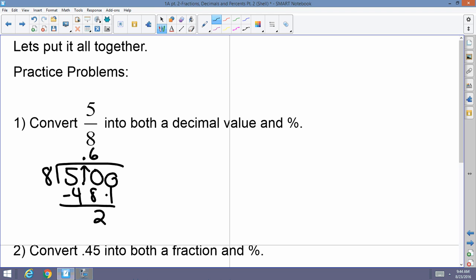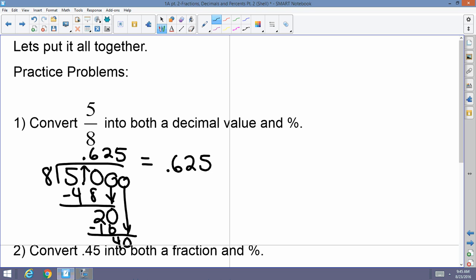Drop my 2, drop my 0. 8 goes into 20 2 times, which is 16. I got 4, drop my 0. 8 goes into 40 5 times. So 5/8 equals 0.625 as a decimal.